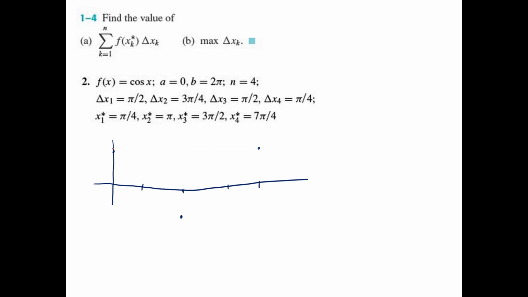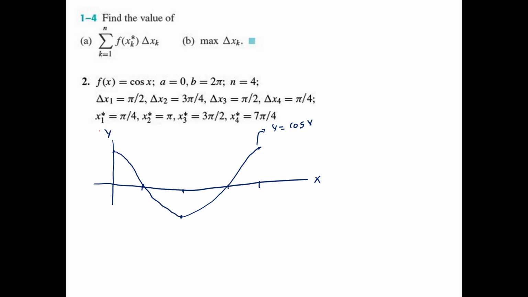So this is a rough picture of what the cosine function looks like. This is y equals the cosine of x.